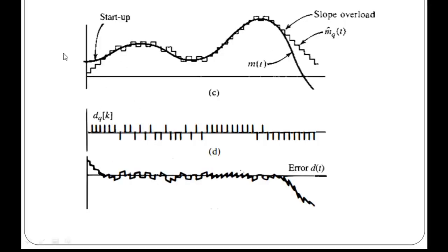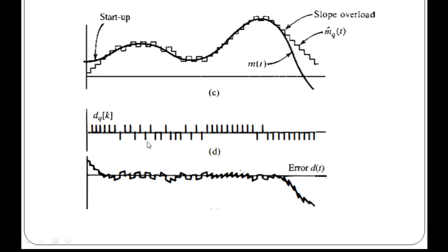You can see here our signal m(t), and this is the output of our integrator and low pass filter. These two are compared at each and every sampling instant. If the difference between m(t) and mq(t), that is m(t) minus mq(t), is positive, then it will transmit 1, and if it is negative, then it will transmit -1 or 0.